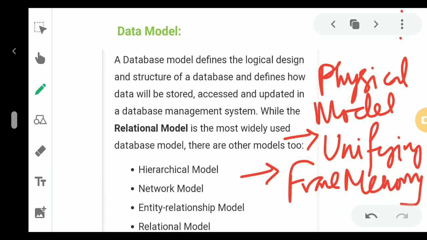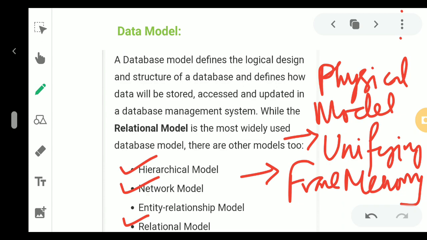There are different types of record based models: the hierarchical model, the network model, and the relational model. These three are record based logical models.